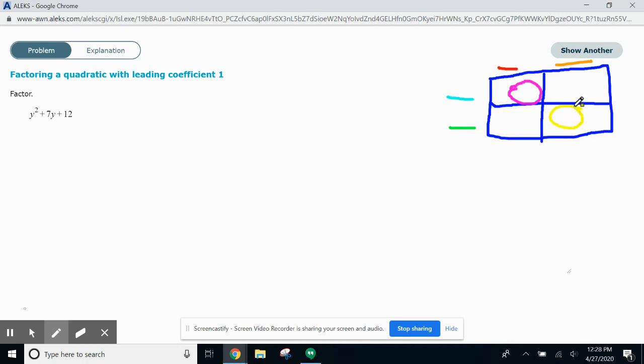These two were a little bit easier because it was the blue times the red to make this purple one here, and the orange times the green to make this yellow one here. But those two boxes were a little bit different and specific.